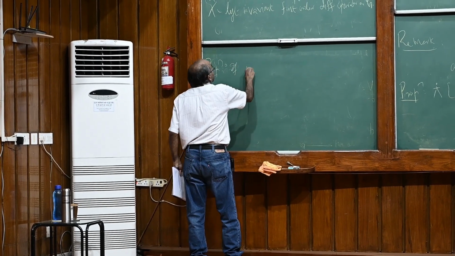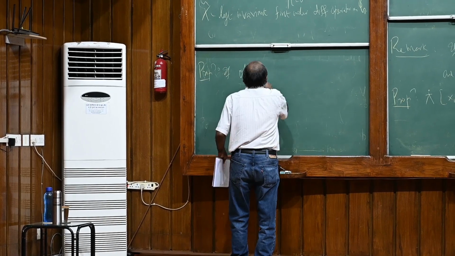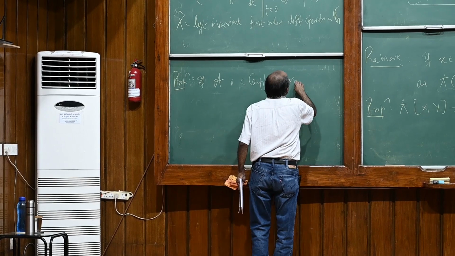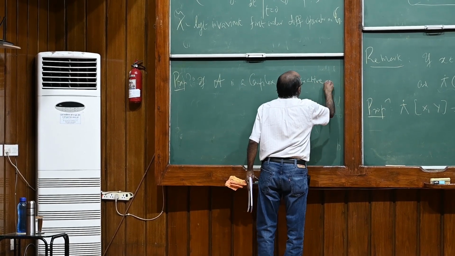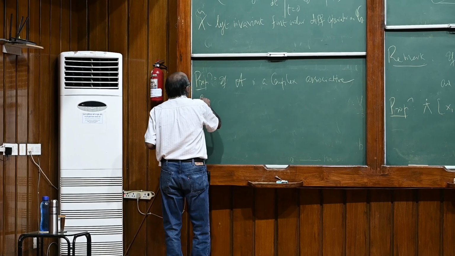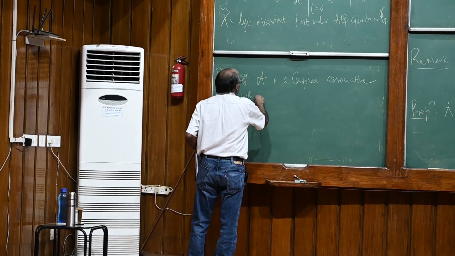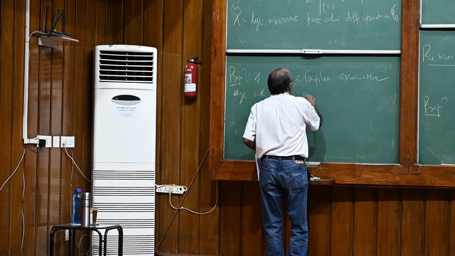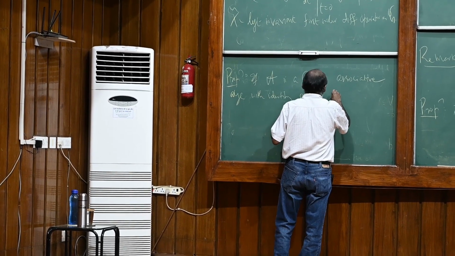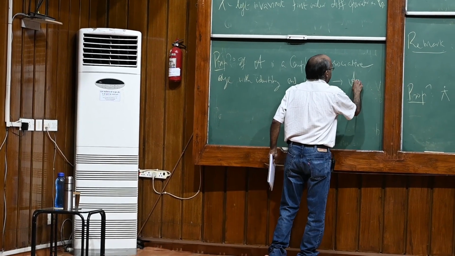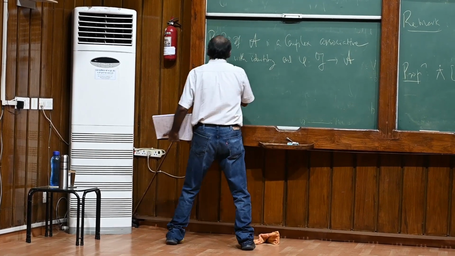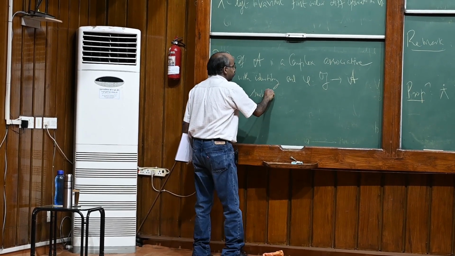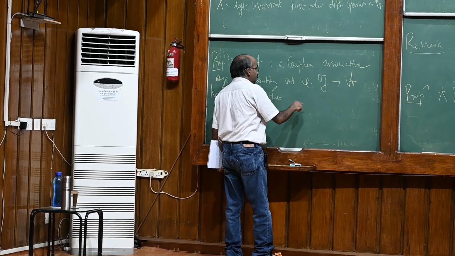So if this is the formal statement, if A is a complex associative algebra with identity, and you have a Lie algebra action, a linear map phi such that it respects the Lie algebra action.